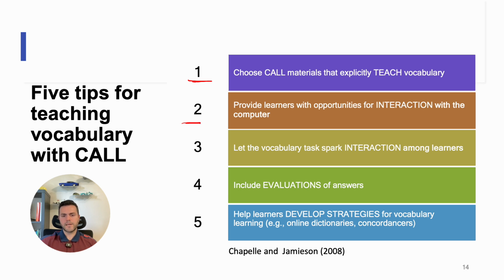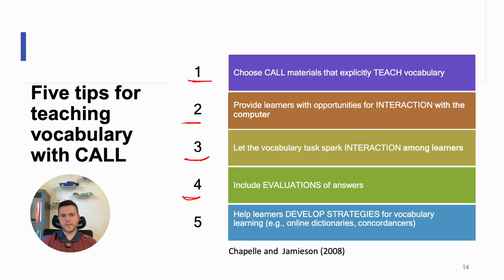Number 2, provide learners with opportunities for interaction with the computer, whether that's through clickable definitions, audio playbacks, or feedback generating tasks. And number 3 is to design tasks that encourage interaction among learners, not just with the computer. And that could be discussions, peer review, vocabulary games done in pairs or groups.